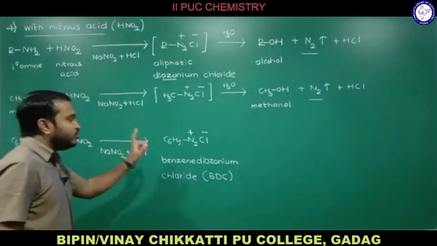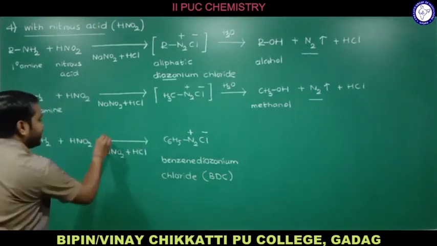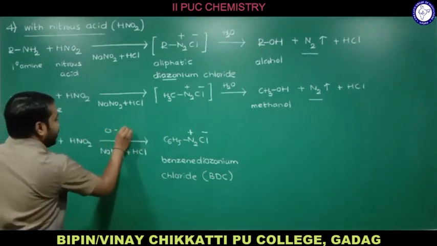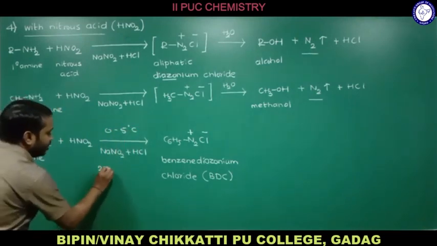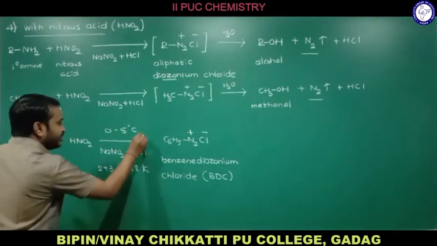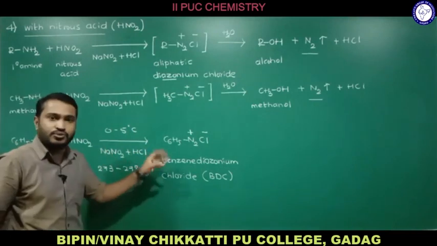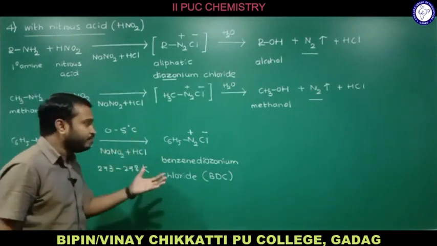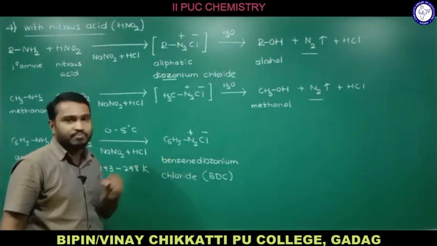This is also a diazonium chloride, and this is quite stable, because this reaction has to be carried out at a temperature of 0 to 5 degrees Celsius, or you can say 273 to 278 Kelvin. You can write in terms of degree Celsius or Kelvin. So at low temperature this reaction is carried out, and at low temperature BDC, or benzene diazonium chloride, is quite stable.